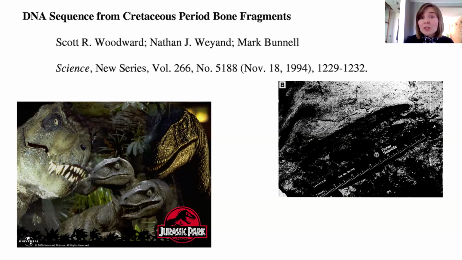This was published in Science. And soon after, it appeared that it was nothing but a contamination. It was just human DNA. More or less at the same time, the first Jurassic Park movie was released. So some mean people say that the authors of the study watched too many movies, but we are not mean, so we will not speak about it more. The authors became famous, and they are still remembered. I don't know if it's the fame that they wished for, but still.